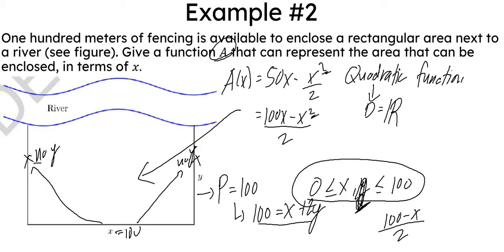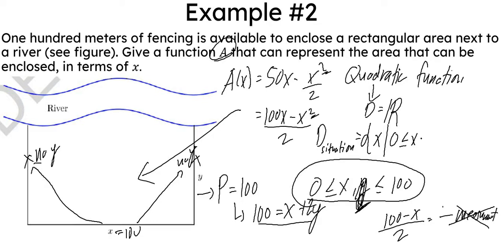Because if I have a value of x more than 100, then this will become negative, but there is no negative measurement. So, therefore, the domain for the situation would be the set of all x such that x is greater than or equal to 0 and less than or equal to 100.